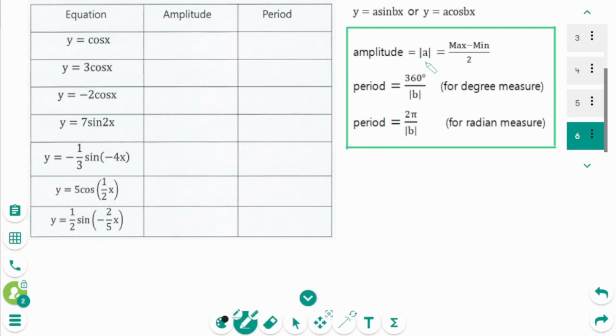The amplitude is absolute value of a: then 1, 3, absolute value of minus 2 equals 2, 7, absolute value of minus 1 over 3 equals 1 over 3, 5, and 1 over 2.